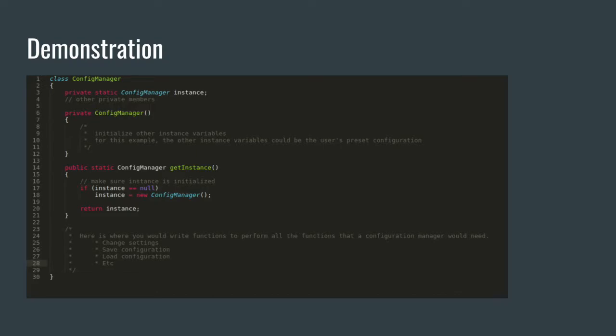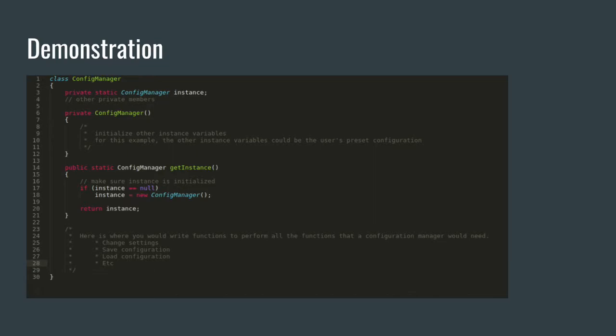I've written out a short and easy class named Config Manager. There is a static instance of the Config Manager class as the main and most important member variable, and then we also have a static method that returns the instance, which is a Config Manager, and that is also static so that it can access the static member.